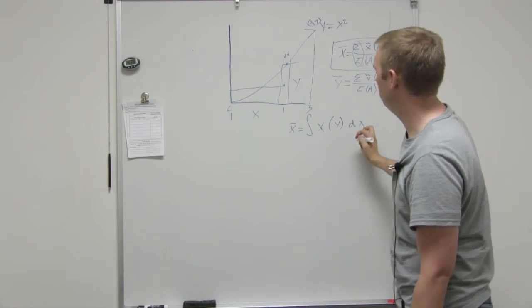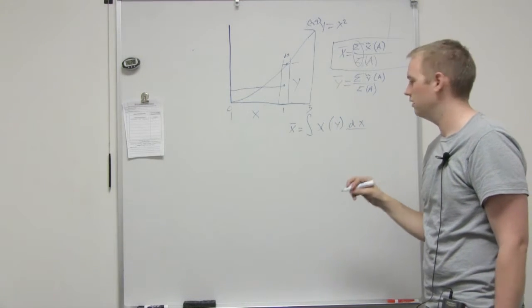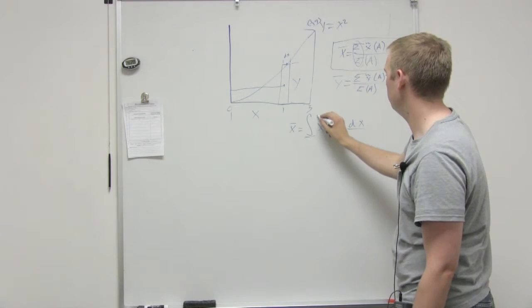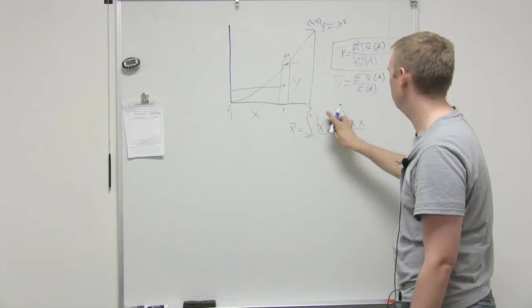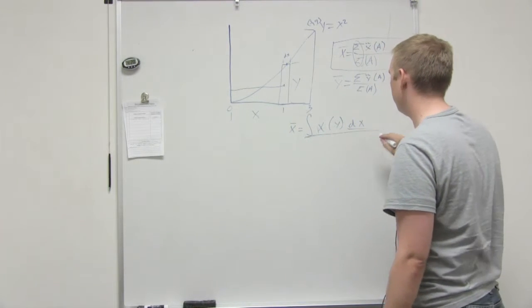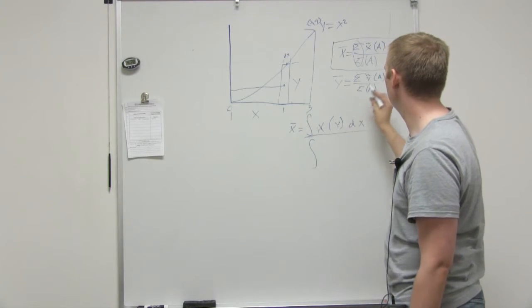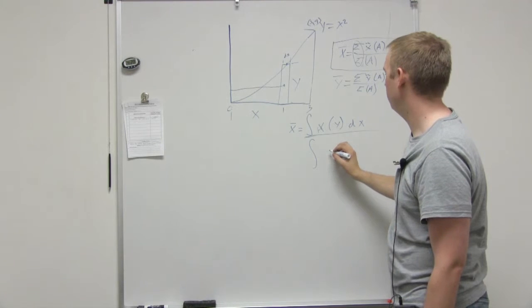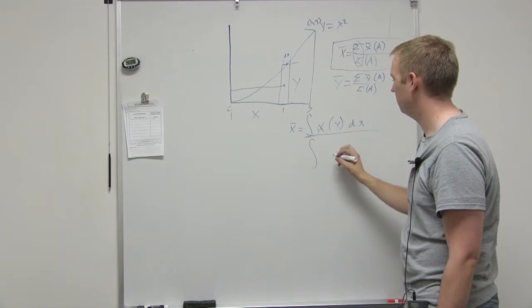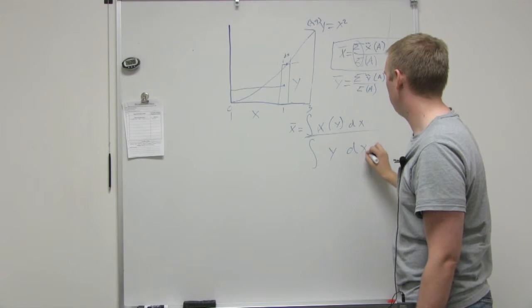This dx is what actually lets us integrate. Then we have to divide that by the integral of the area again, so y times dx.